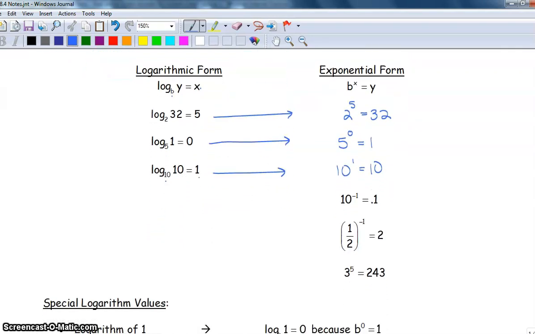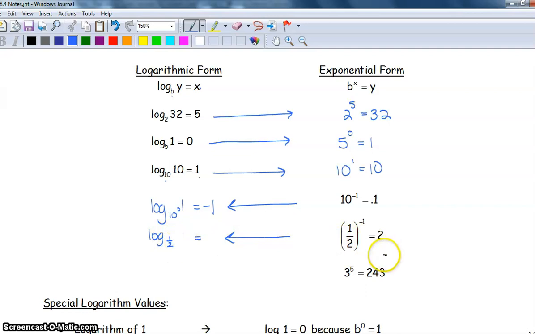If I'm going from exponential form to logarithmic, I think this one's a little bit more difficult, but just model it over here. Your number base here is the base in the log. So here I've got log base 10. It's set equal to whatever your exponent is. This number over here is a negative 1, which means this is 0.10, or just 0.1. Here our base is 1/2, so it's log base 1/2.